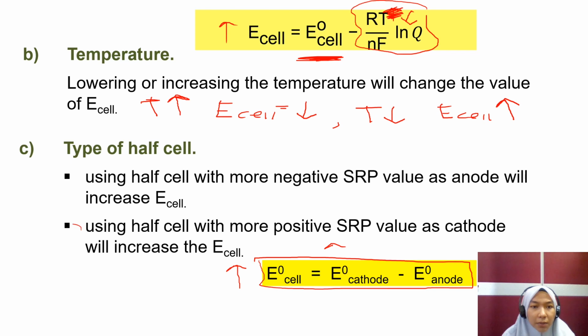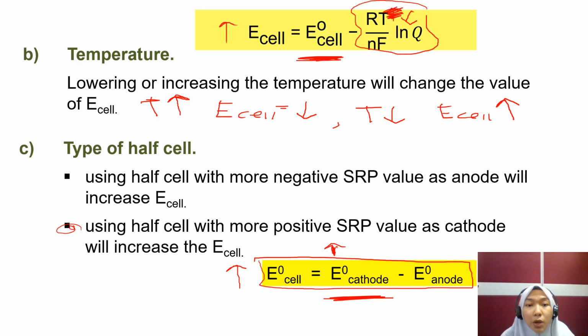Use the half cell with a more positive SRP value as cathode, which will increase the E cell. We try to increase the E naught cell in order to increase the E cell. The second point is we try to reduce the value that we need to deduct, E naught anode.